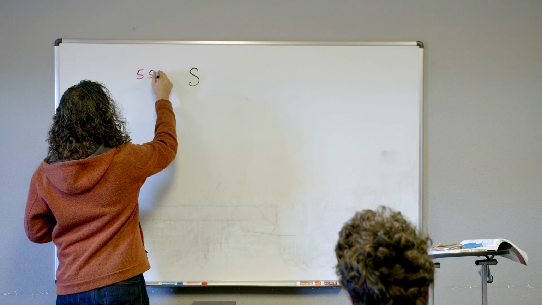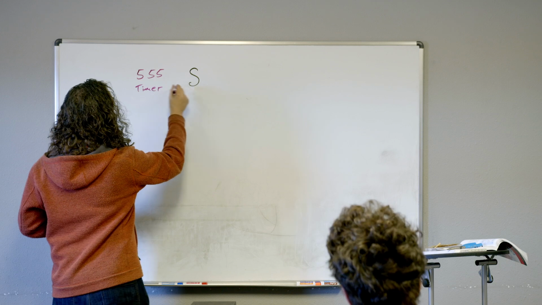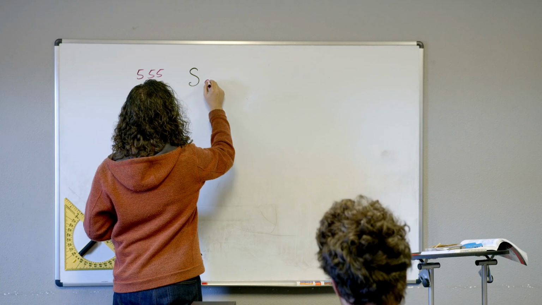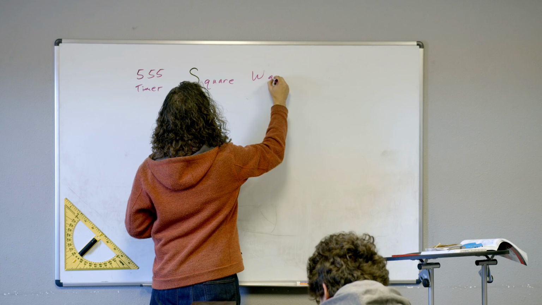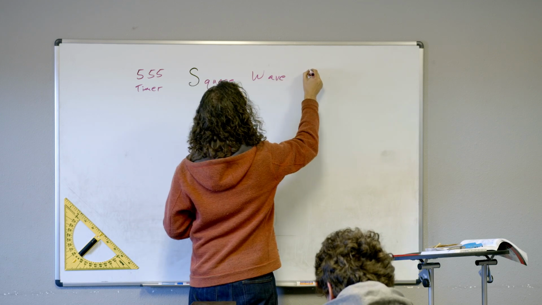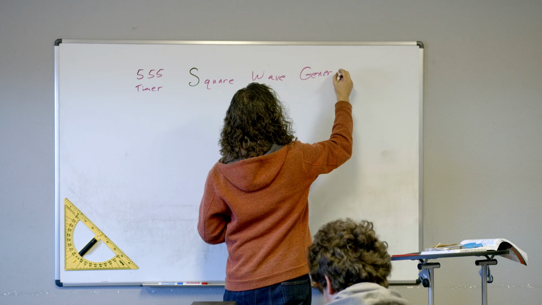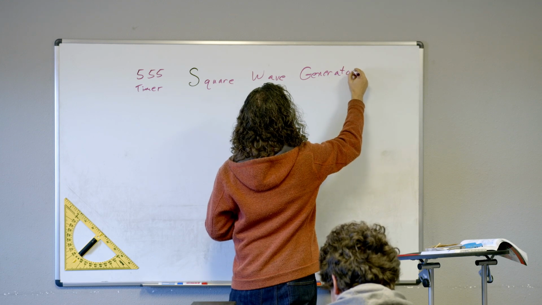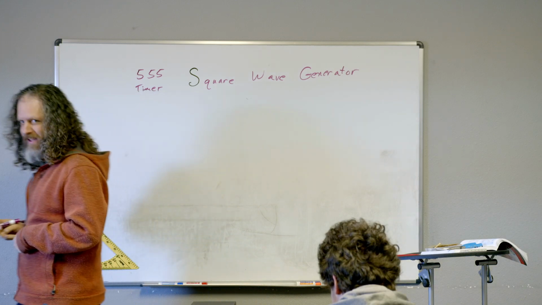So we're making a 555 timer square wave generator. Okay. Now it probably isn't labeled this in your notes. So you're going to have to figure out which one of these it is.